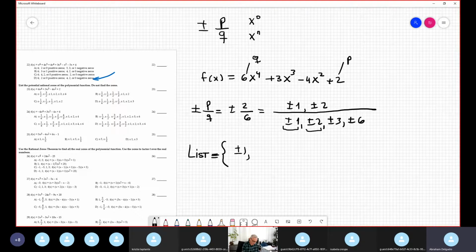In total we have 4 times 2, 8 combinations, but some are repeated and you consider them only one time. So plus or minus 1, plus or minus 2 come from this combination, this and this, and this and that.